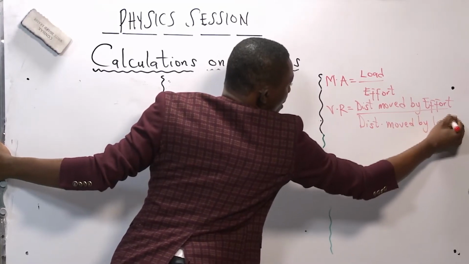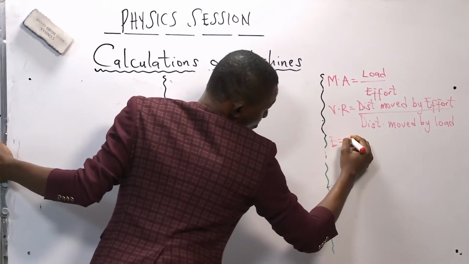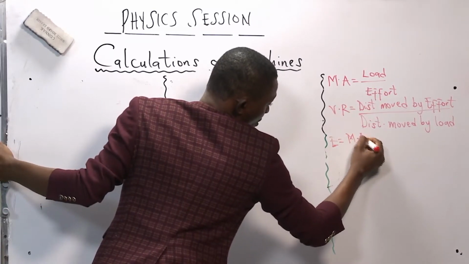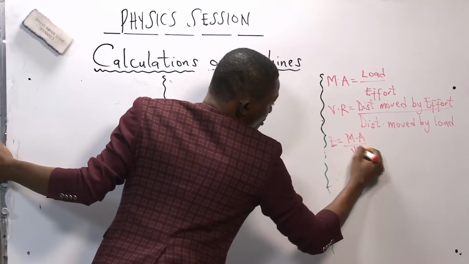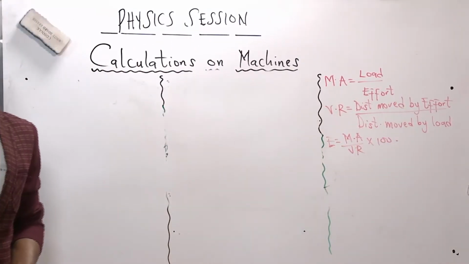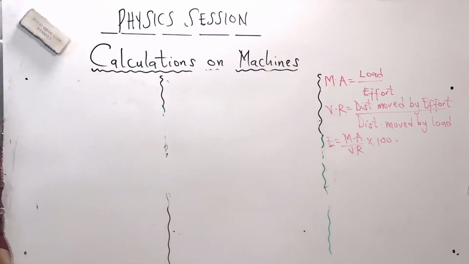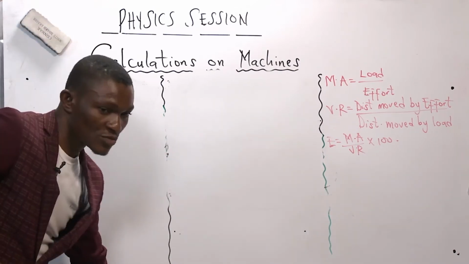And then we also said that our efficiency is MA over velocity ratio times 100. So those are the three main formulas we've talked about today. You can just jot them down so you won't forget. So let's move on to this question now.